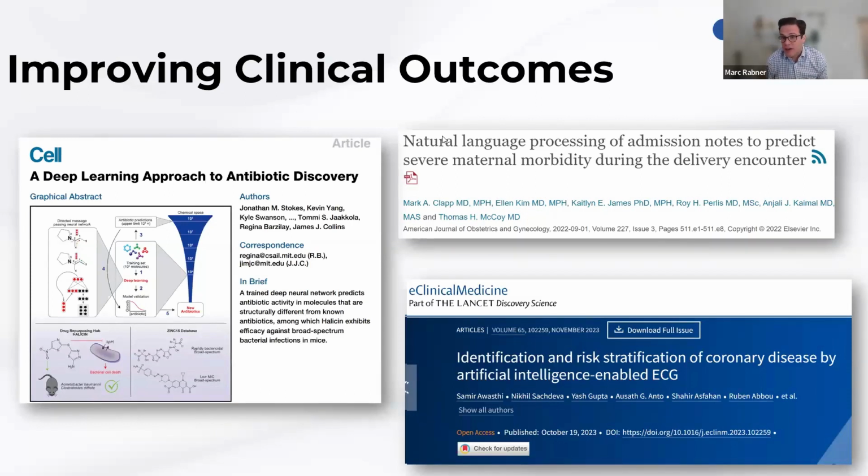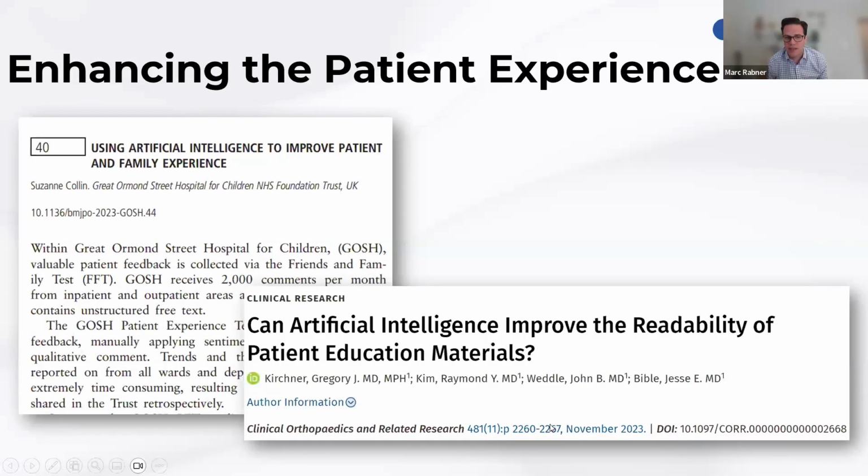So it's not just clinical outcomes that the quintuple aim tries to improve. On the next slide, there have also been applications of AI to enhance patient experience. On the left side is a study out of a group in England that used natural language processing and machine learning to read all of the comment cards that they received from patients and families.